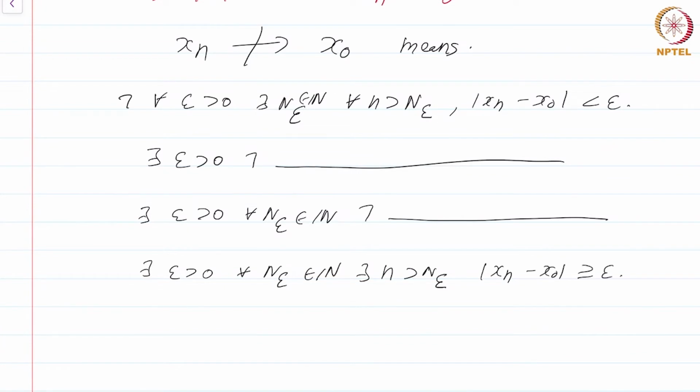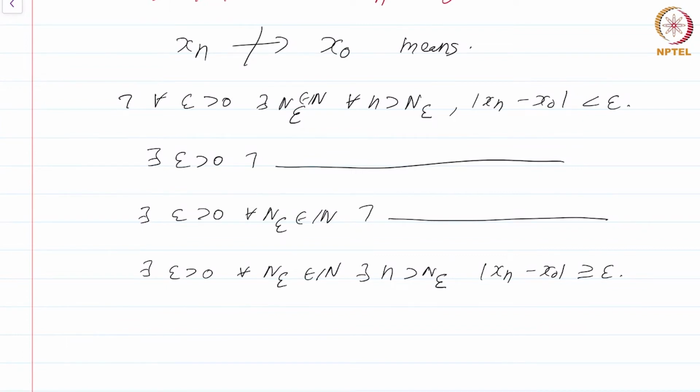What is this saying? There is an epsilon greater than 0 such that for all n_epsilon in N, there exists some n greater than n_epsilon such that mod x_n minus x naught is greater than or equal to epsilon.